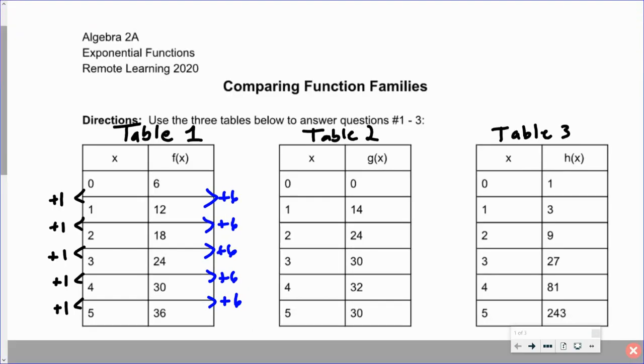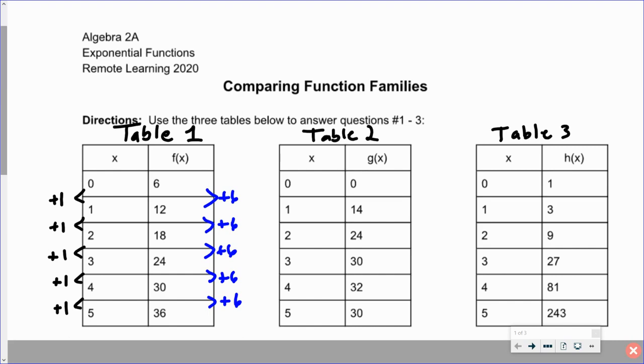As the inputs increase by 1, the outputs are increasing by 6, so that would give you a slope of 6 for that equation. And then when your input is 0, that's where your y-intercept is going to be. So your y-intercept would also be 6.